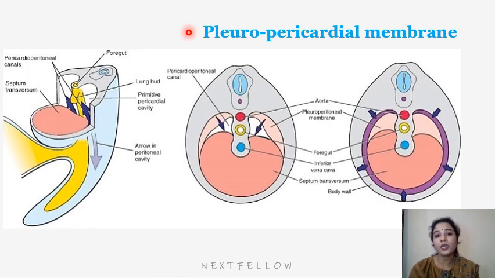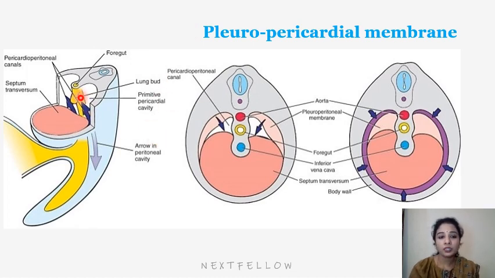As the pleural cavities expand around the developing heart, they split the mesenchyme into an outer layer, which forms the thoracic wall, and an inner pleuro-pericardial membrane that forms the fibrous pericardium, also covering the pericardial sac enclosing the heart. The pleuro-pericardial membranes form the partition between the pericardial and pleural cavity. Each pleuro-pericardial canal lies lateral to the primitive esophagus.